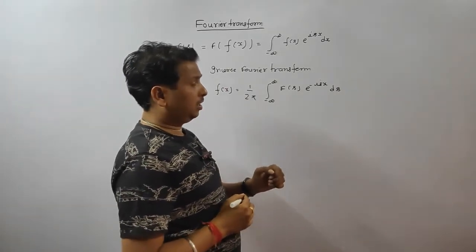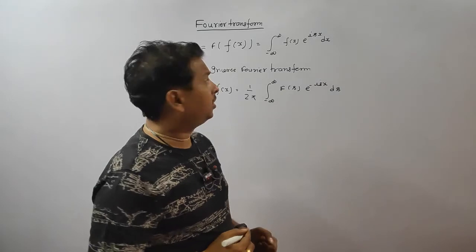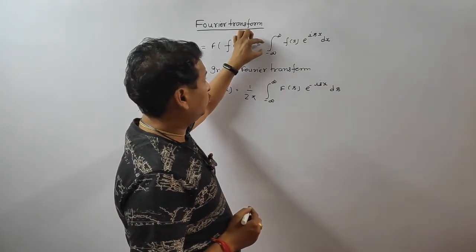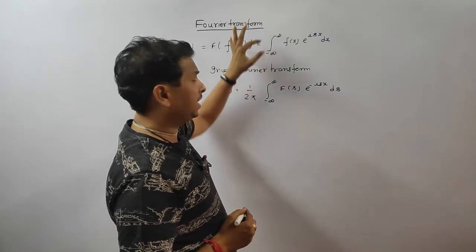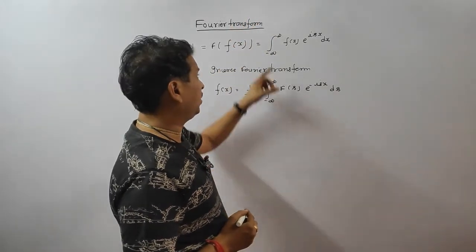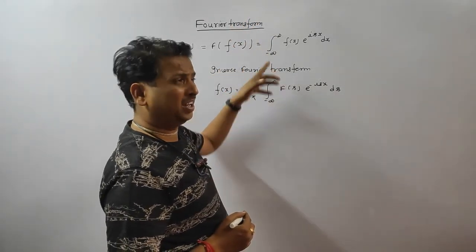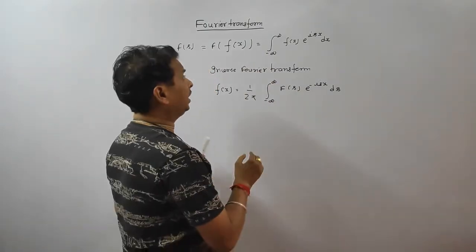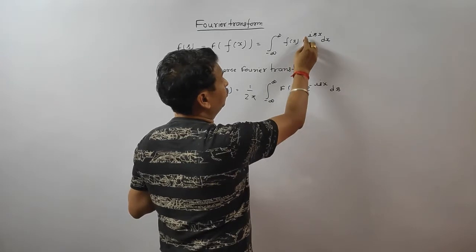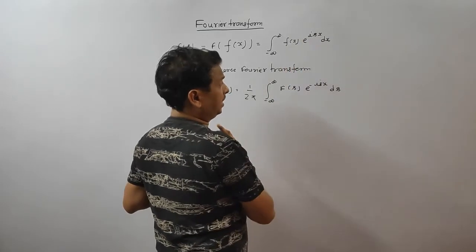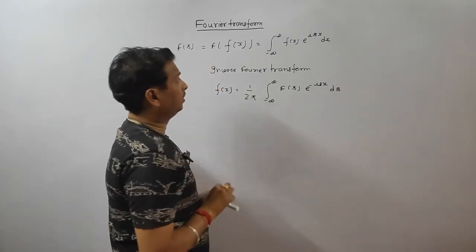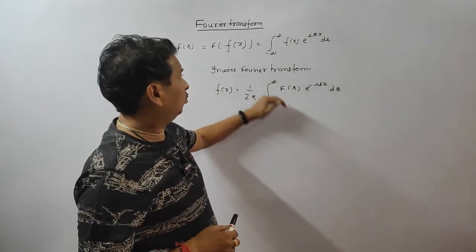So don't be confused. If you see in some books, the coefficient multiplication is different. Someone uses 1 upon root 2 pi here. It doesn't matter. It will not affect anything. You can use this one. Some writers use e to the power minus isx here and e to the power iota sx there. So it doesn't matter.